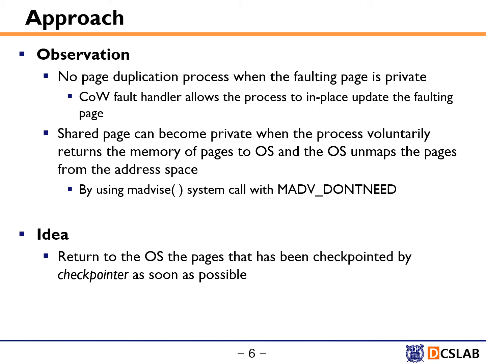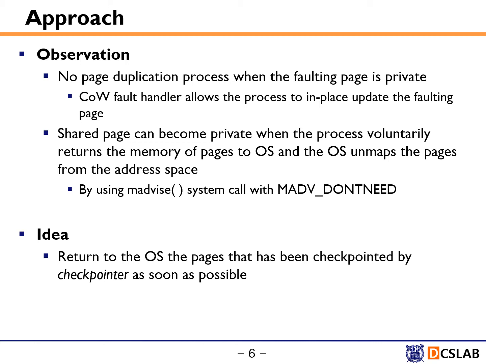In such a case, the copy-on-write fault handler allows the process to update the faulting page in place, so the memory usage is not increased. This also helps to reduce the latency of copy-on-write page faults, skipping page allocation and page copy.